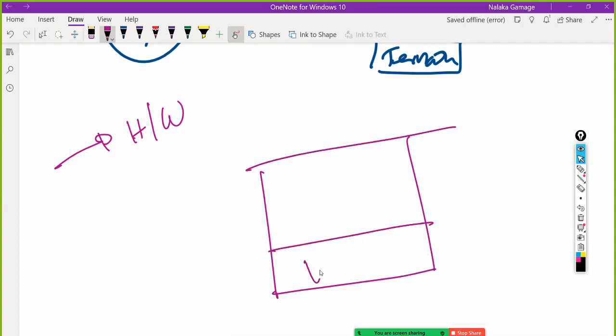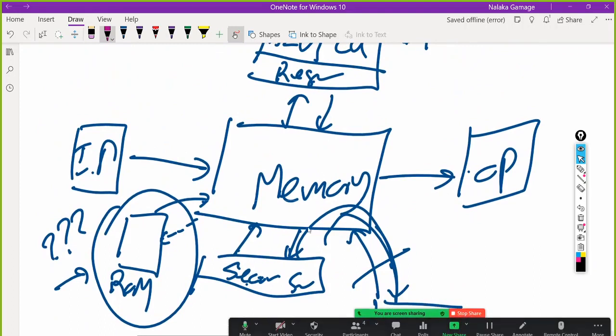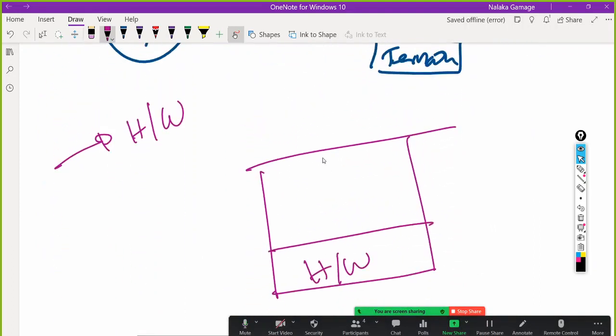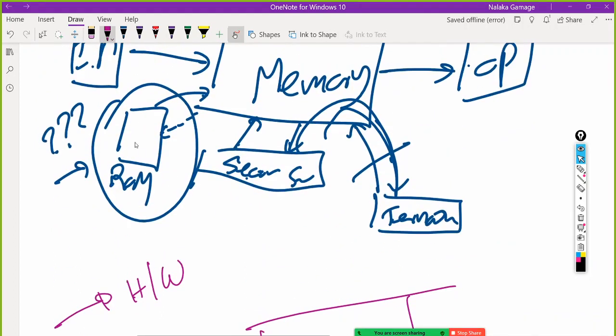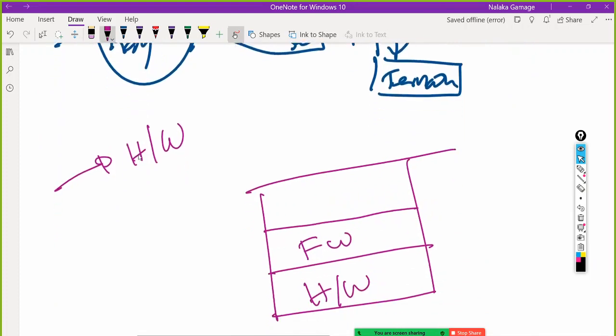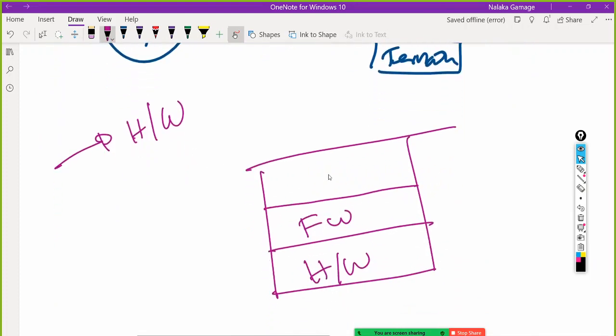You have the hardware. So that is basically what we draw here. Hardware. Then on top of hardware you have firmware, that is, your ROM contains your firmware. Then you have the software. Software we can subdivide into system software and application software.